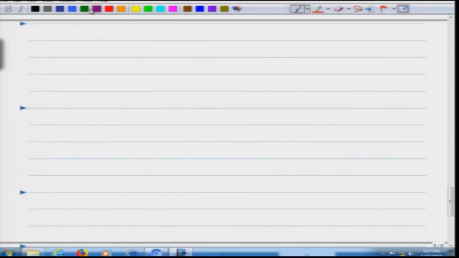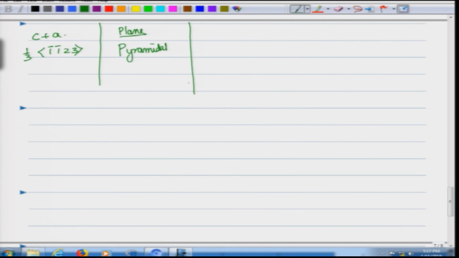So, let me just finish with the last type which is possible, which is C plus A. And there is only one type of plane, pyramidal, but then there are three types of pyramidal possibilities, as we will see.